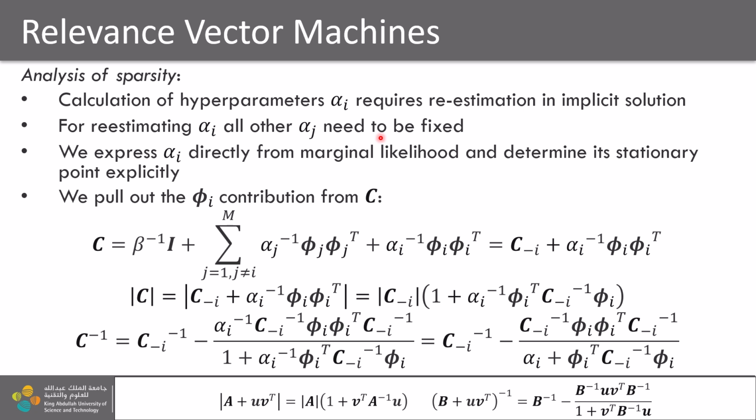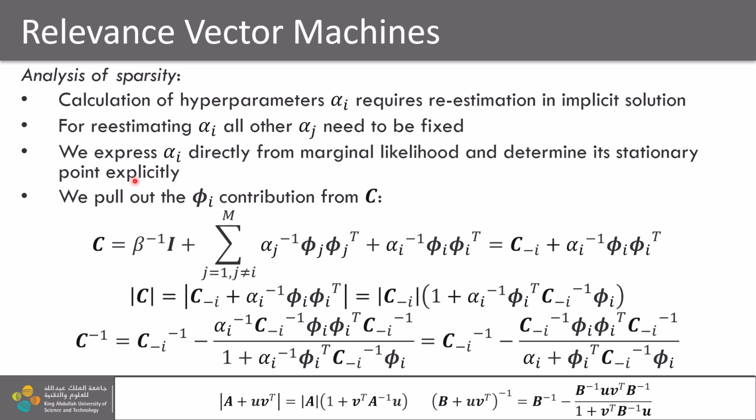So instead, we can think of a slightly different formulation by expressing the alpha i directly from the marginal likelihood and determine its stationary point explicitly.